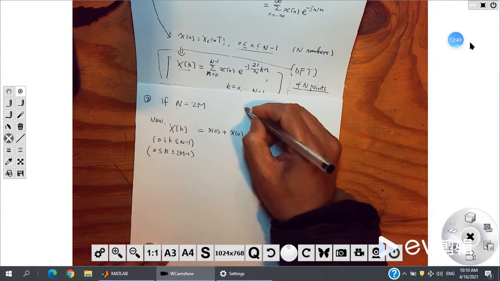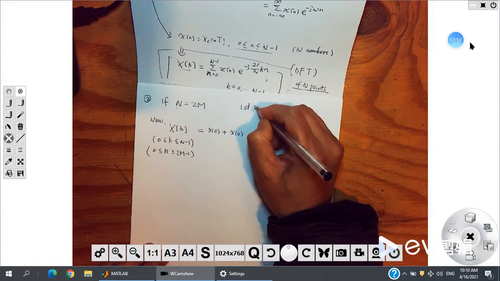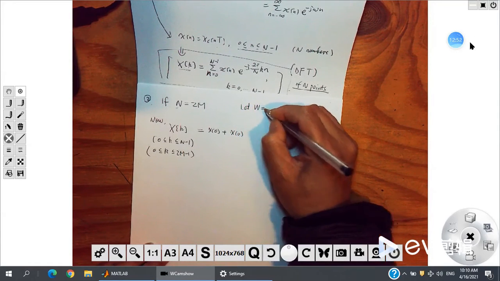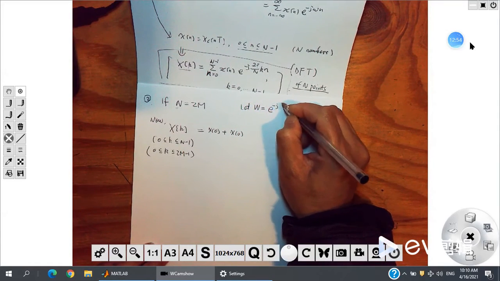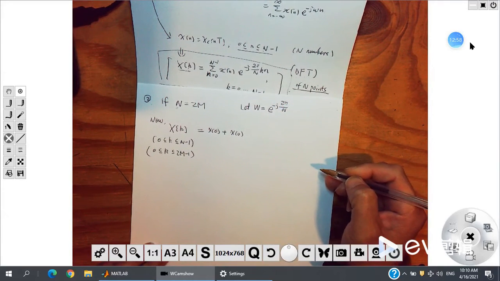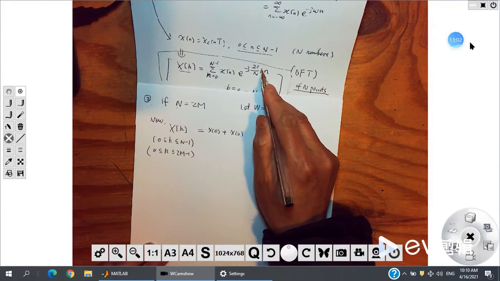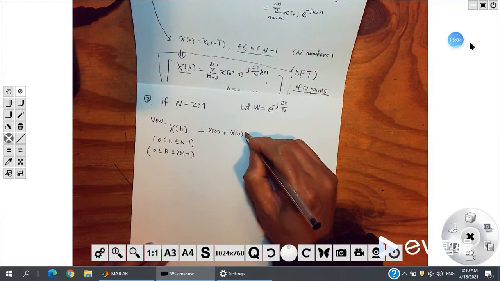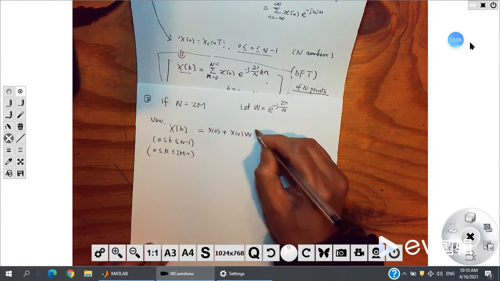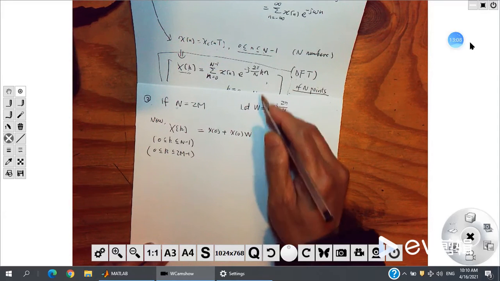I use w equal to e to the negative j 2 pi over n. Then this is w to the k times n.